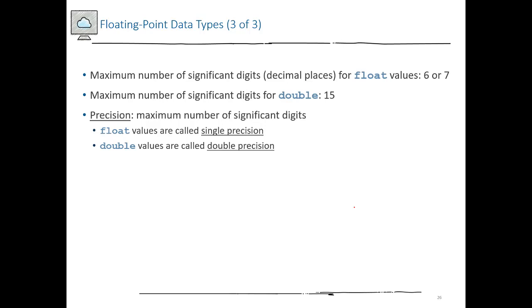I would say, for sure, 6. The maximum number of significant digits for double is 15. So as you can see, it doesn't hurt to go with double. Float is single precision, double is double precision. The doubles are more precise, and so I suggest you go with double every time you want to represent a decimal number.